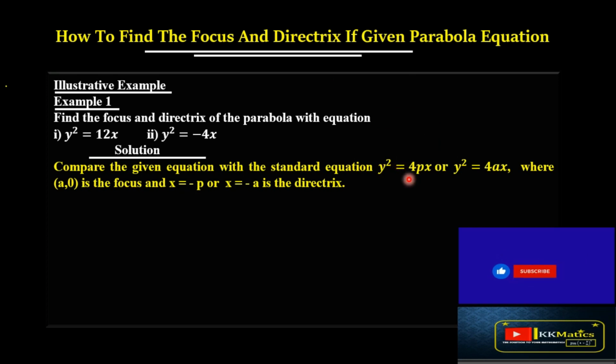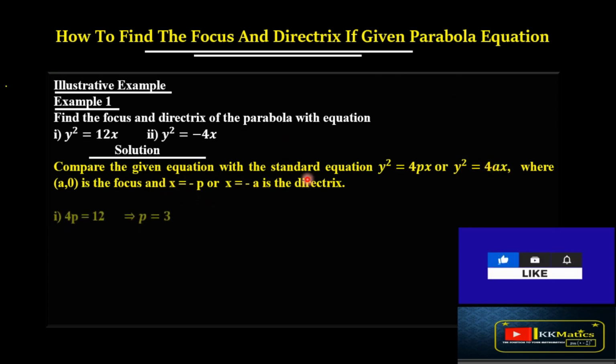Since the curve will be on the right side of the x-axis, we have the focus with x coordinate p and y coordinate 0. And our directrix is x equals minus p, or x equals minus a if you're using that formula, which is the same thing.